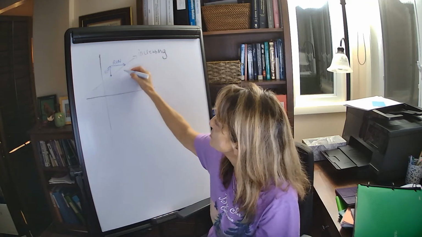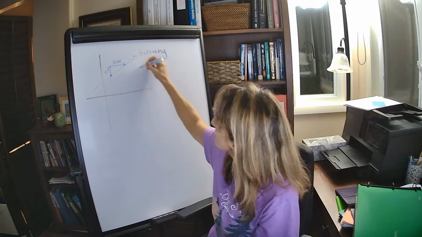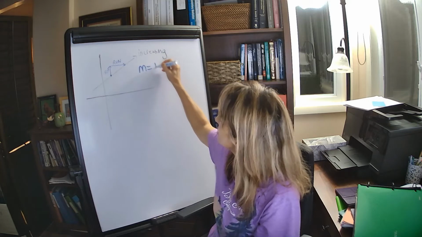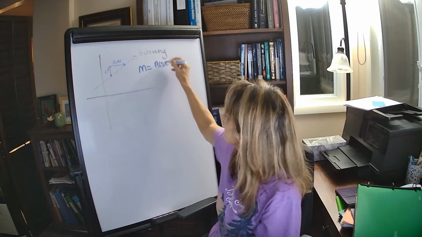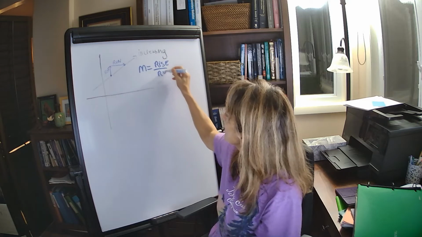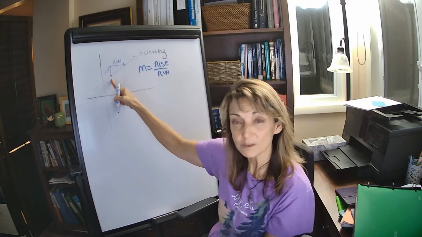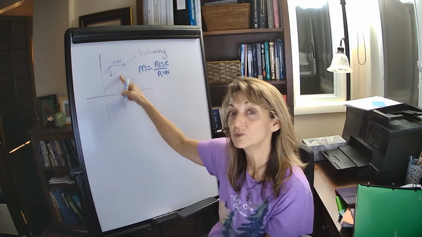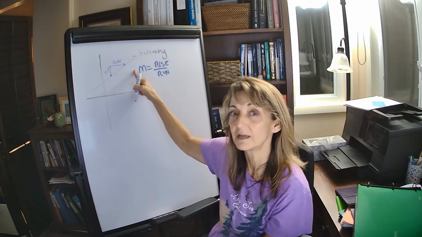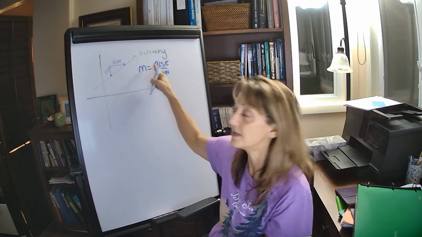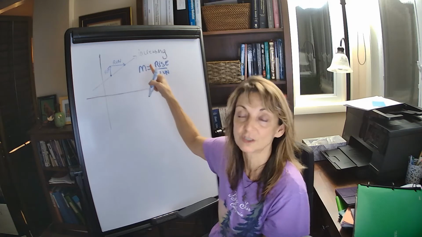So what we're going to do is think about the slope as being that ratio of rise over run. Again, we're always going to pick a point and move to the right to help us decide the direction of the slope.